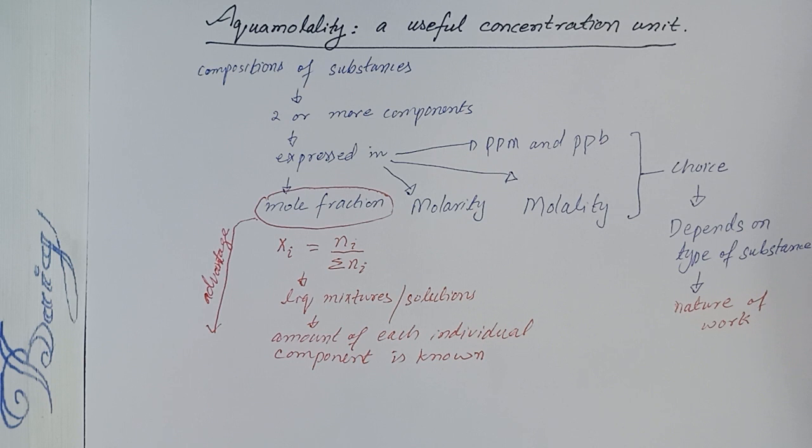So what is the advantage of using the concentration unit known as mole fraction? The advantage of this temperature independent unit is that it directly provides molar ratios of various components in the liquid.